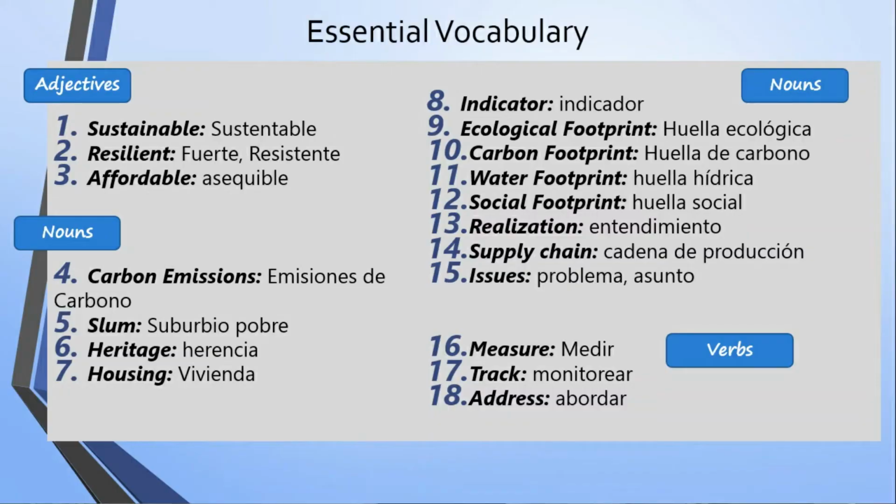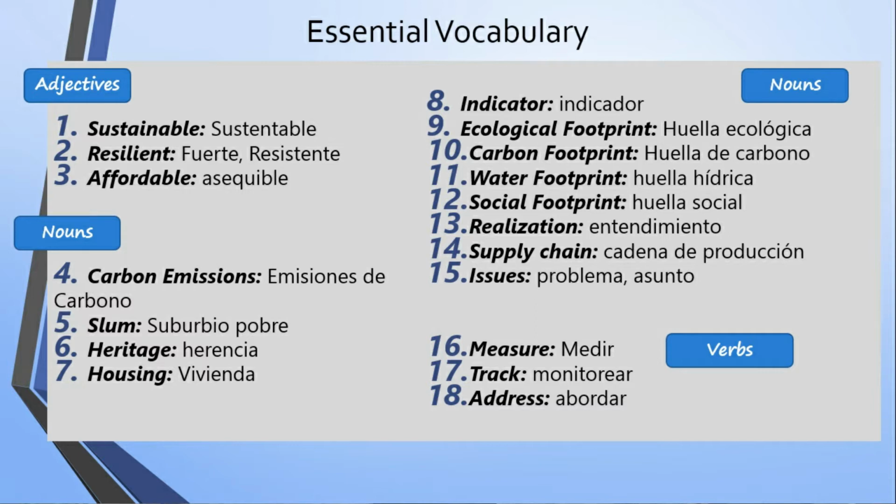Let's start with essential vocabulary. In this lesson, we are going to look at some adjectives, nouns, and verbs. The adjectives are sustainable, resilient, and affordable. The nouns are carbon emissions, slum, heritage, and housing. Indicator, and then different types of footprints: ecological footprint, carbon footprint, water footprint, and social footprint.